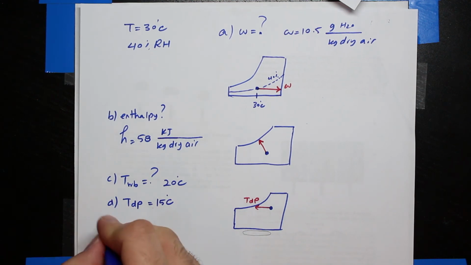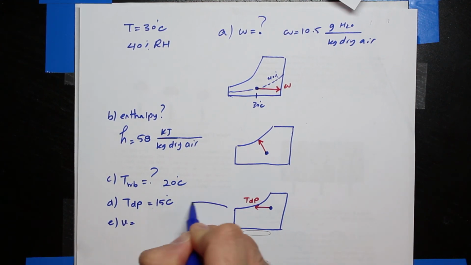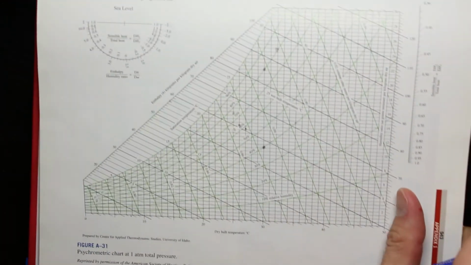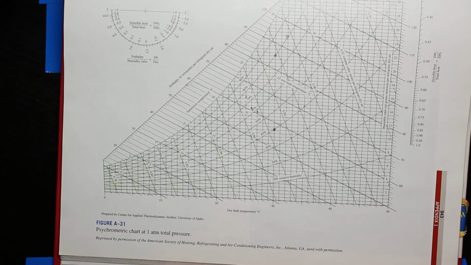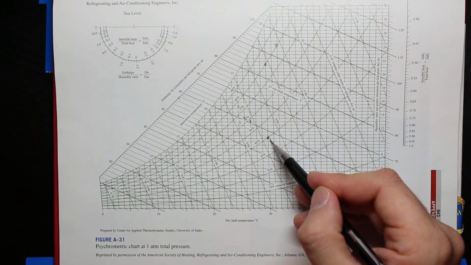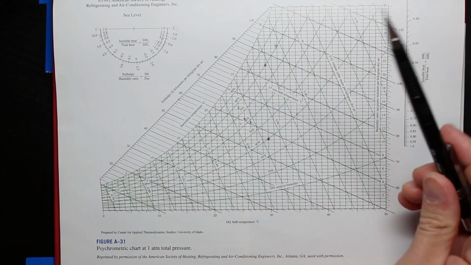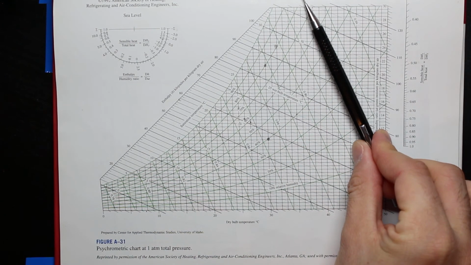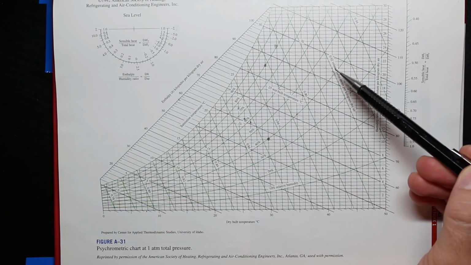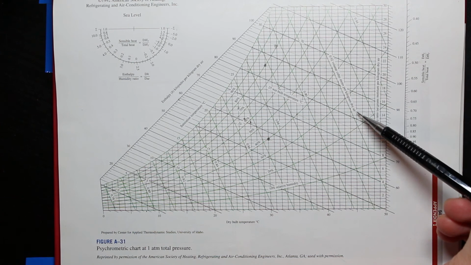In part E, the question is asking for the specific volume. So this schematic was for the dew point temperature, by the way. For specific volume, again, I think specific volume is another easy property because the constant property lines are shown. So this is the orientation of the specific volume. You see it says volume, cubic meter per kilogram dry air.